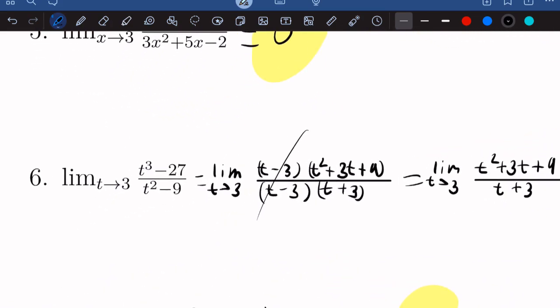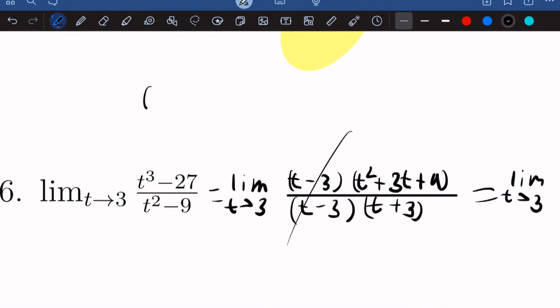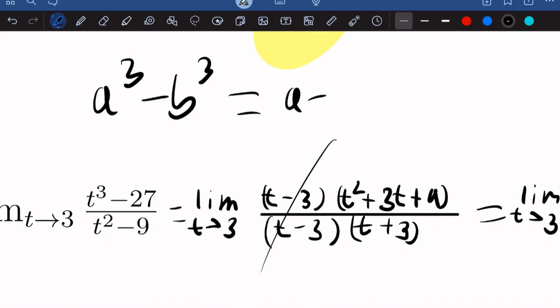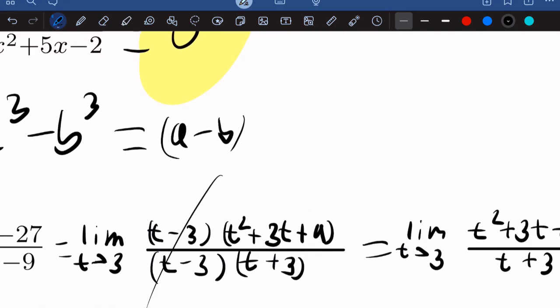For number 6, you have to recognize your a cubed minus b cubed formula. Just as another reminder, a cubed minus b cubed is equal to a minus b times a squared plus ab plus b squared.